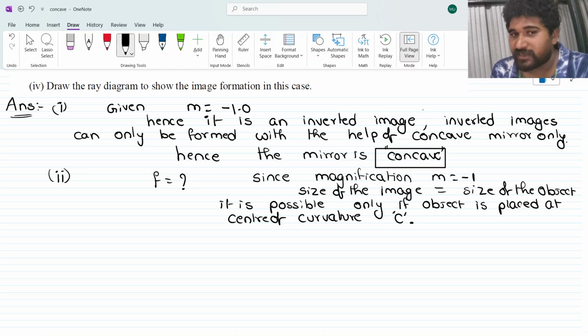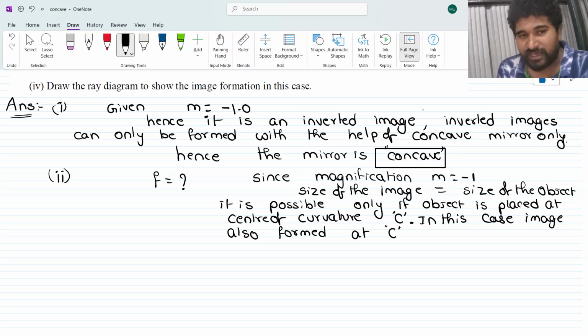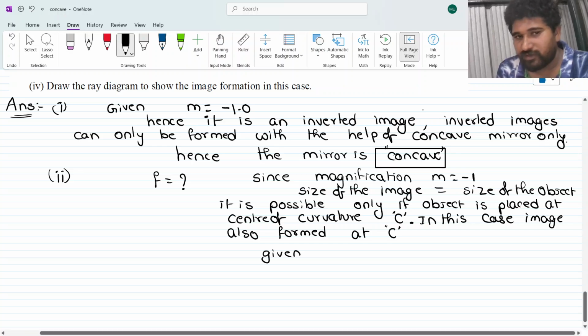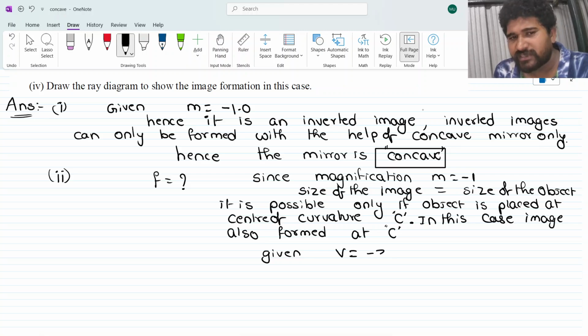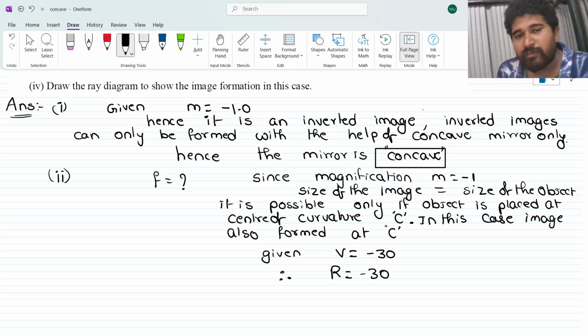In this case, the image is also formed at C. Given v is equal to how much? -30. Yes or no? Therefore, R is equal to -30.